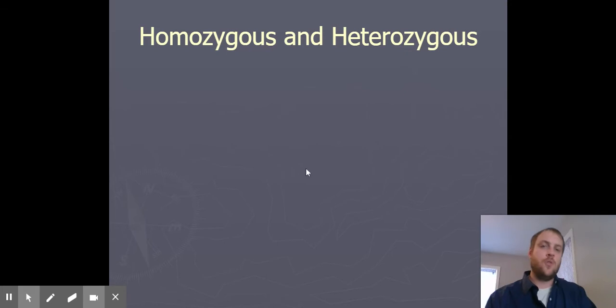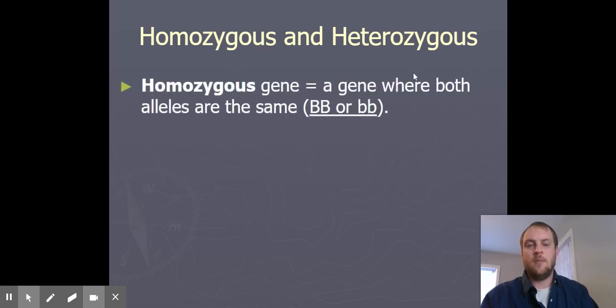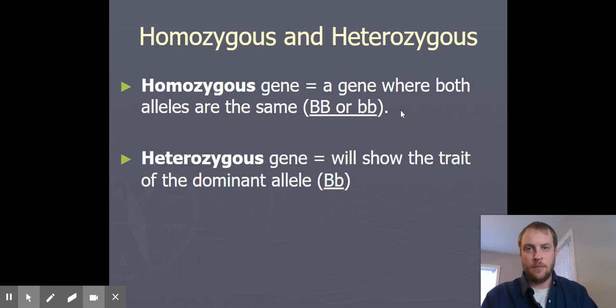And that brings us to a few more new vocabulary terms: homozygous and heterozygous. I know they sound similar, just like most other vocabulary words that we will see throughout the year in our biology class, but unfortunately, their meanings are fairly different.